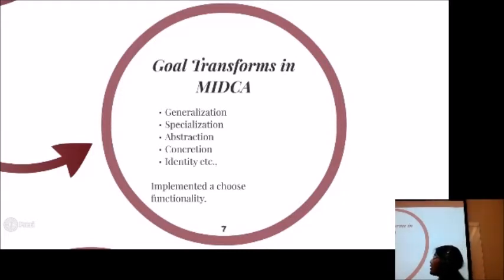The generalization basically jumps to a more general predicate than the current one, like if on is a more general predicate than stable on. So based on some resources available and everything, it just jumps from stable on to on if there is a possibility, or it might jump from generalization to specialization based on that.